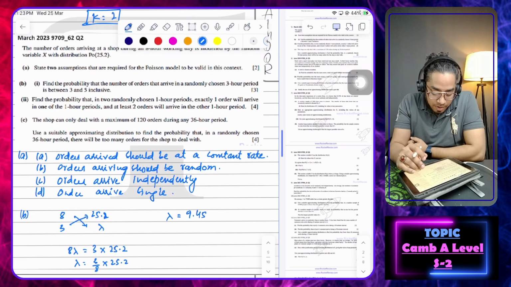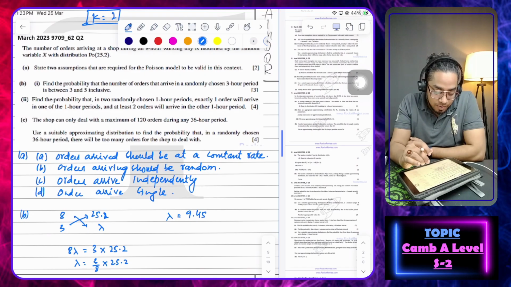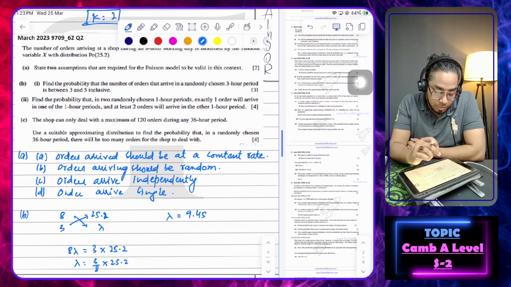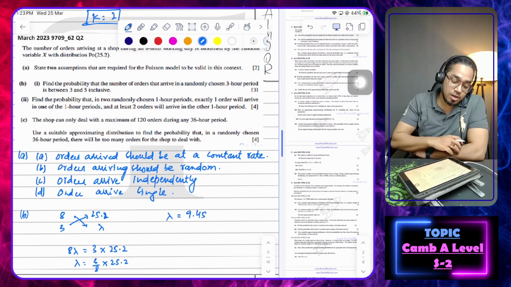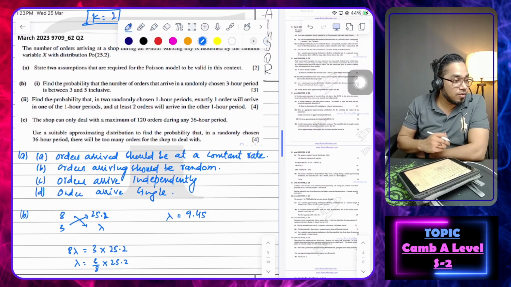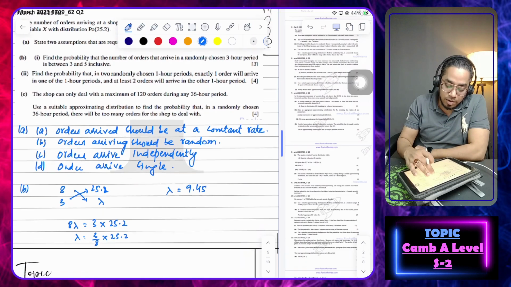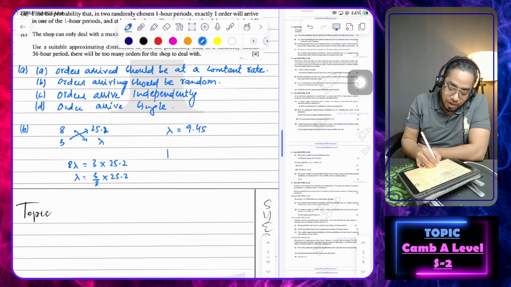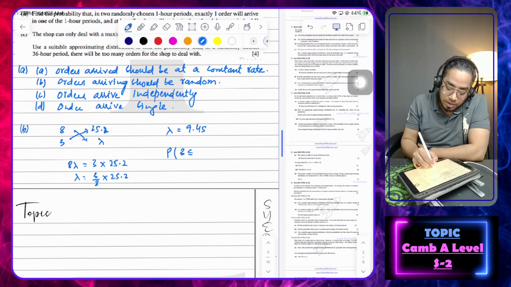So lambda will be equal to 9.45 for that one. And now they are asking to find the probability that the number of orders that arrived in a randomly chosen 3 hours period is between 3 and 5 inclusively. So 3 and 5 both are included, so we need the probability for 3 less than or equal to x less than or equal to 5.